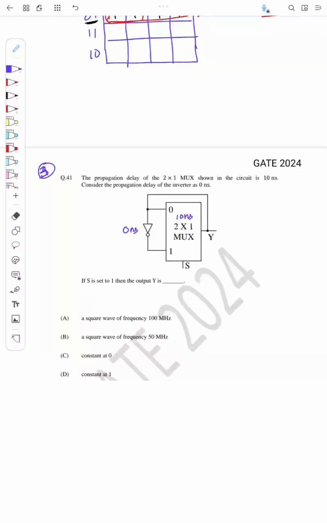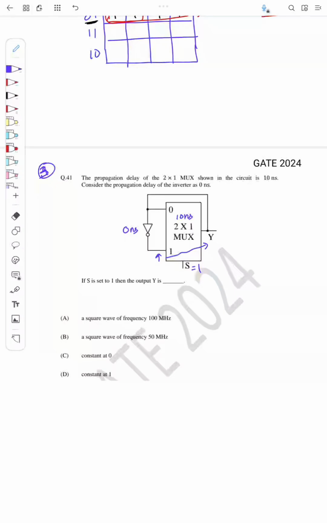If S is set to 1, then what is output Y? If S is 1, whatever is the value here will reach the output Y, right?